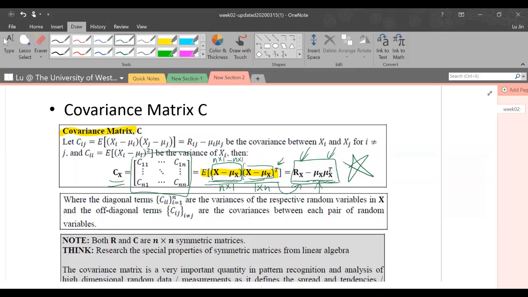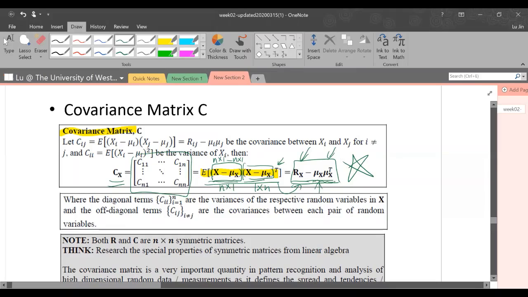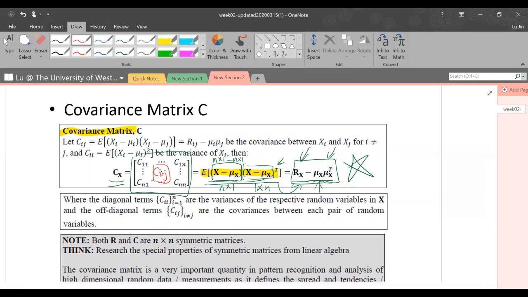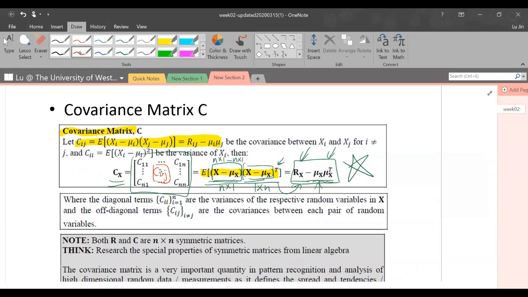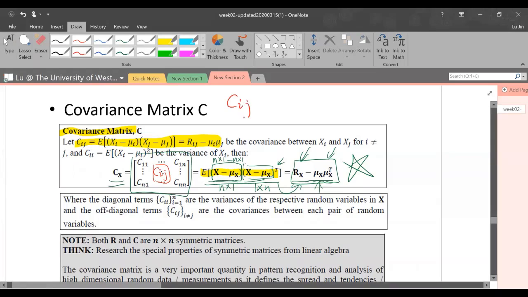But inside the covariance matrix, the element, so let's use another pen here, for example. So Cij, what is Cij? Cij is actually the covariance. So I'm going to write that for you anyway. This Cij element within this covariance matrix is actually the covariance between the xi and xj.